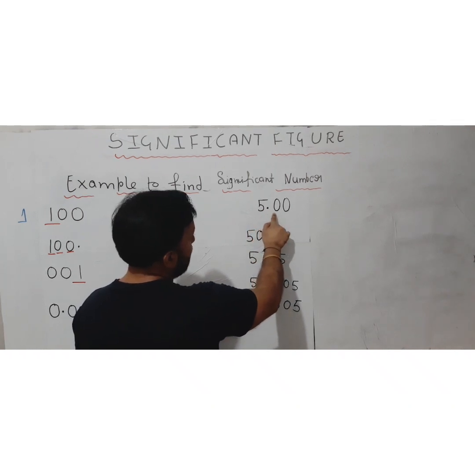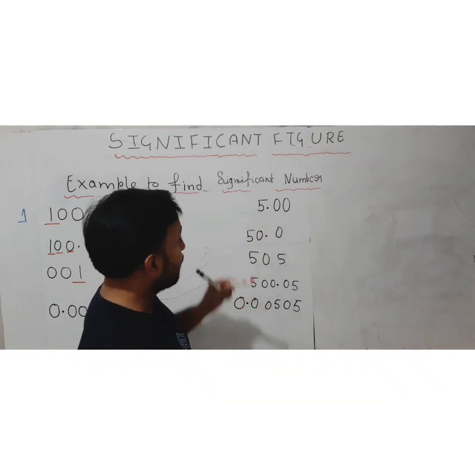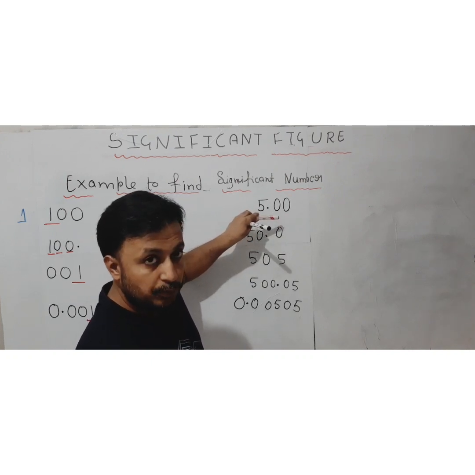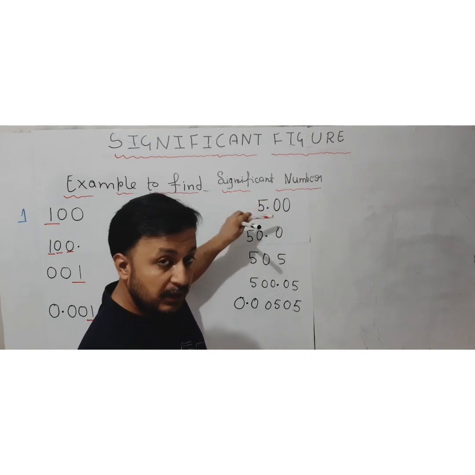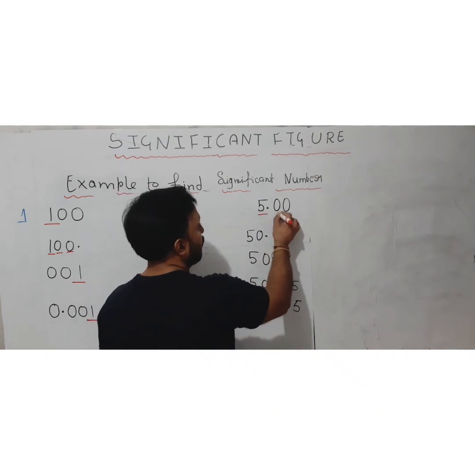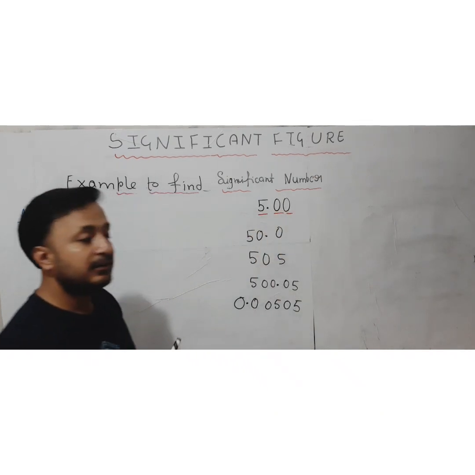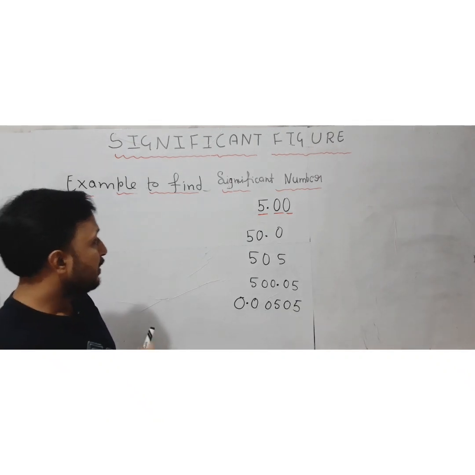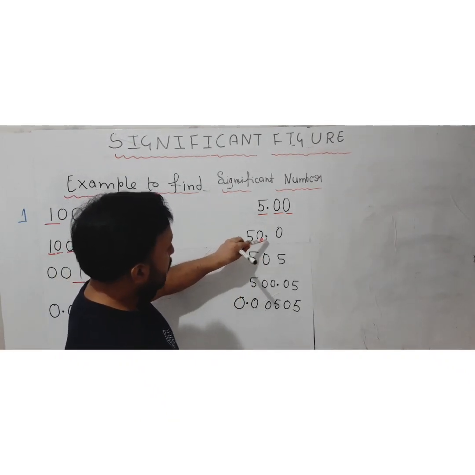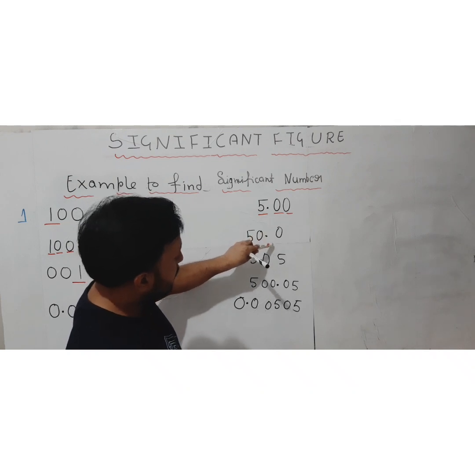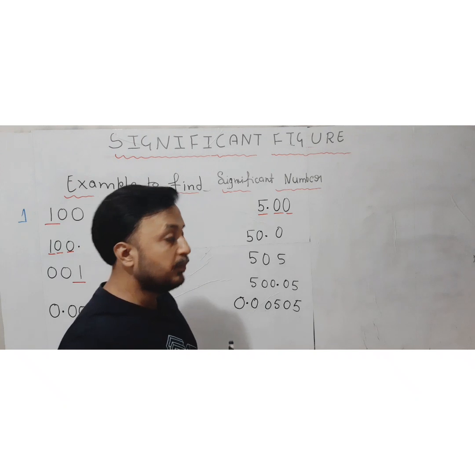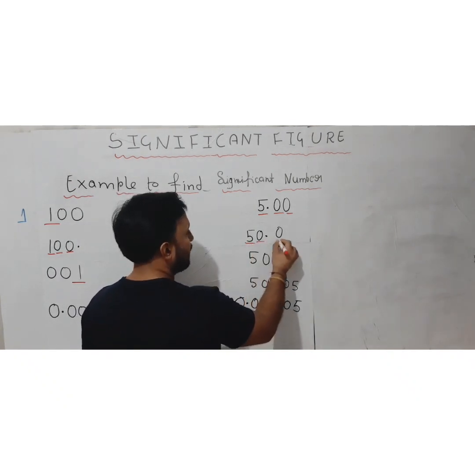If it is 5.00, now in this case, if zeros are followed after the decimal and there should be a non-zero digit present before the decimal, then all will be considered as significant. So all three will be considered as significant number here. Then we move to the next part. Here again you can see 0 is there before decimal and after decimal also, but before that a non-zero digit is present, then all will be considered as significant number.